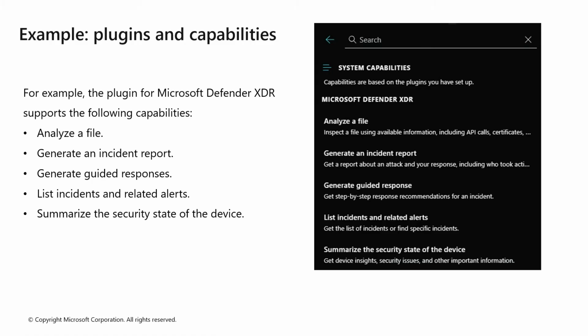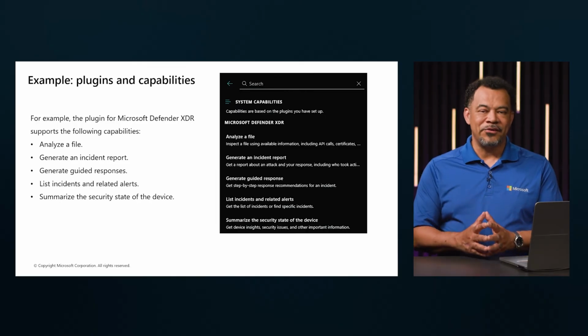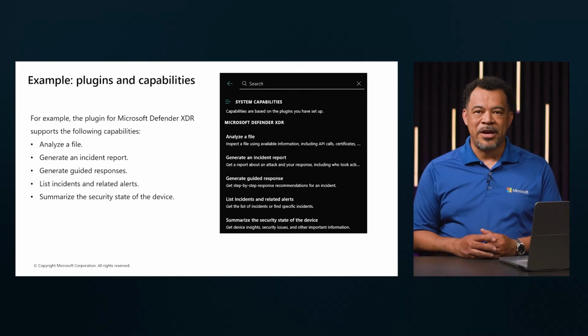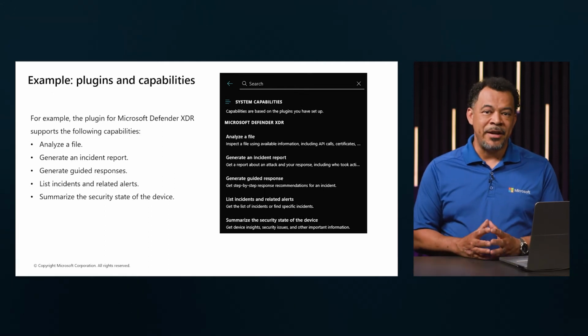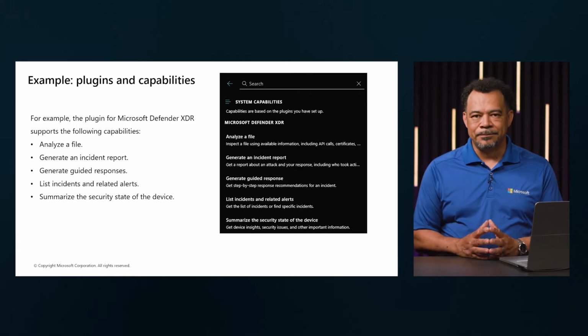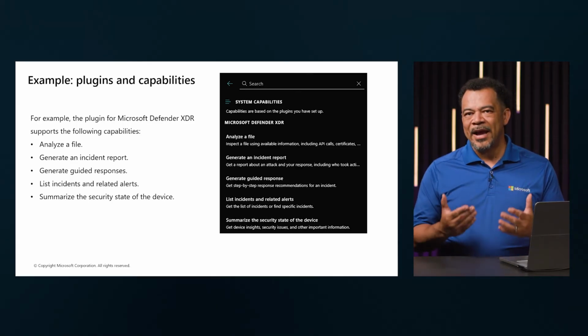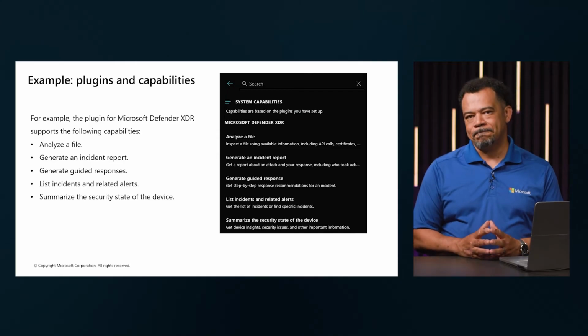Keep in mind, each plugin gives Copilot access to a set of capabilities, which are like specialized functions designed to handle specific tasks. Depending on the data source, Copilot can do things like analyze a file to check for threats or any type of suspicious behavior. It can generate an incident report to help you document what happened and how it was handled. It can create guided responses that walk you through how to respond to an incident.